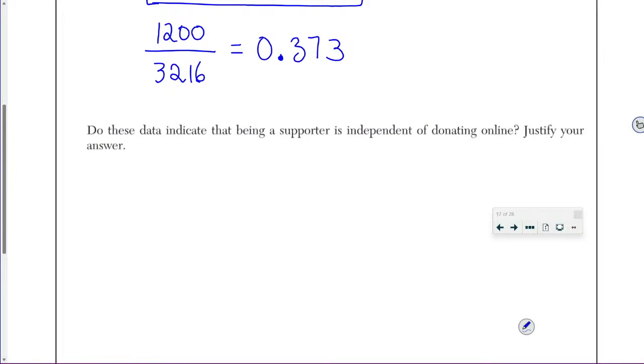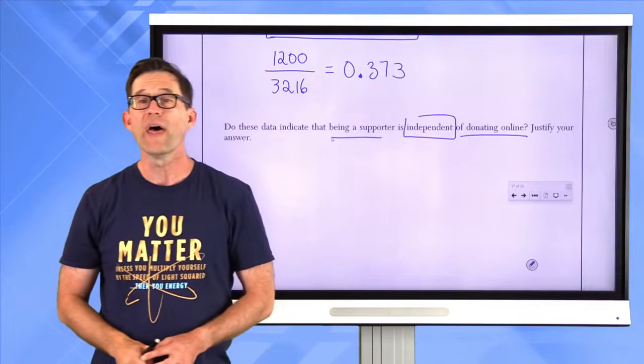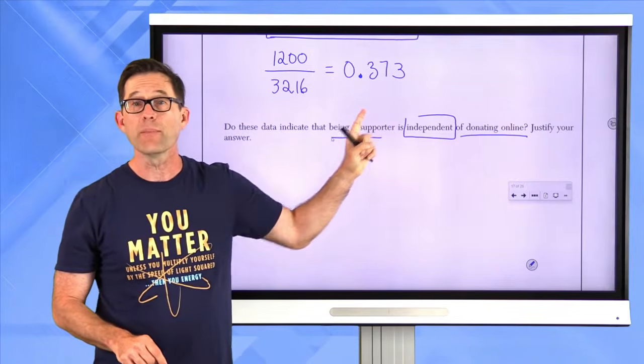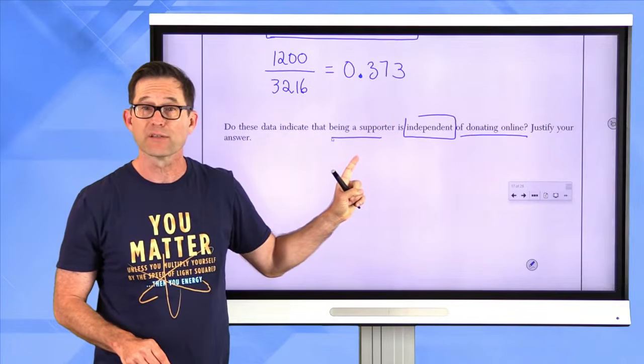Do these data indicate that being a supporter is independent of donating online? Justify your answer. Well, we know that of the people that donated online, 37.3% of them were classified as supporters.